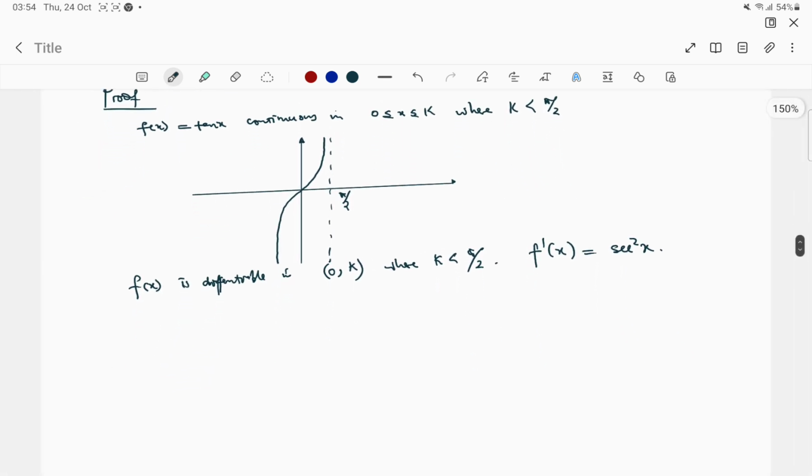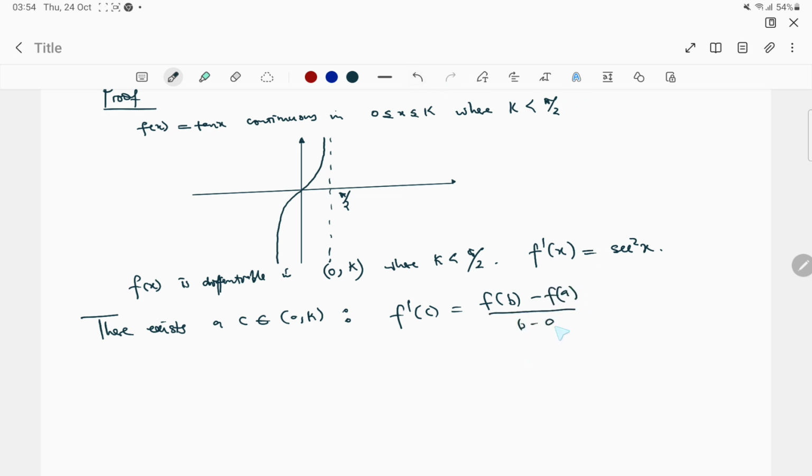So we are going to say that there exists a c in (0, k) such that f'(c) is equal to (f(b) - f(a)) over (b - a). What is f'(c)? That's sec squared c.